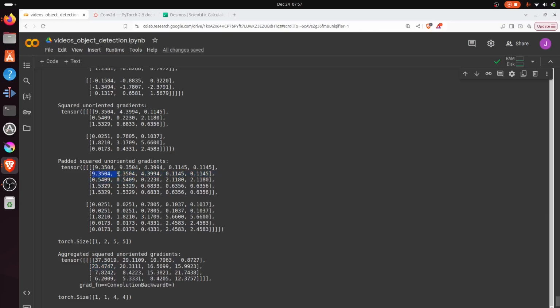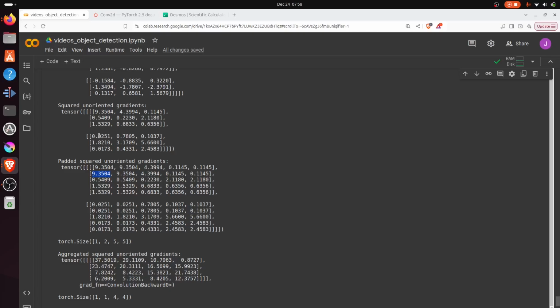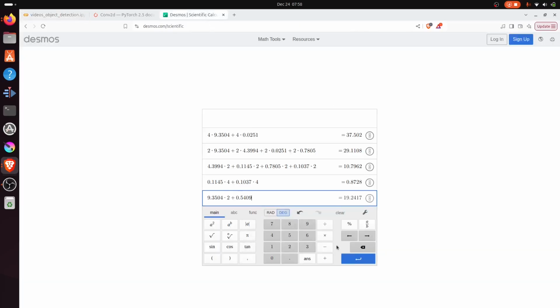We have these two numbers. Again, we have a number repeated twice. Same story: just take this one and multiply by 2, and now we do the same with this number right here. We multiply by 2.